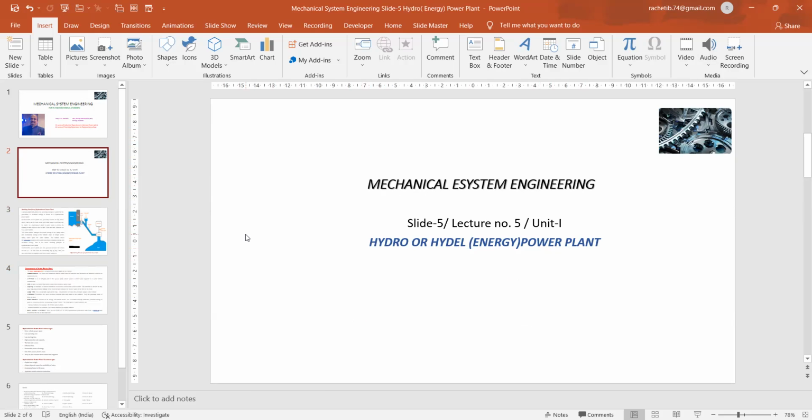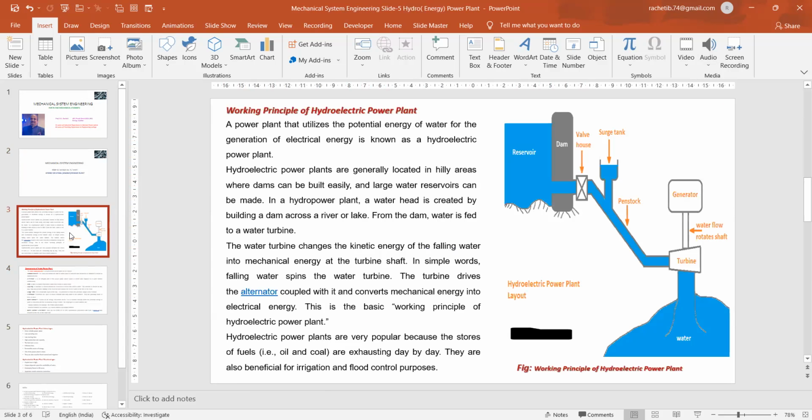The energy which is obtained from the water, we can call it a hydro power plant or tidal power plant. So we can directly start with the working principle. We are just to know the basic principle, advantages, disadvantages of this hydropower plant, and what we mean by hydropower plant. As the word indicates, the electricity which is obtained from water is called a hydroelectric power plant.